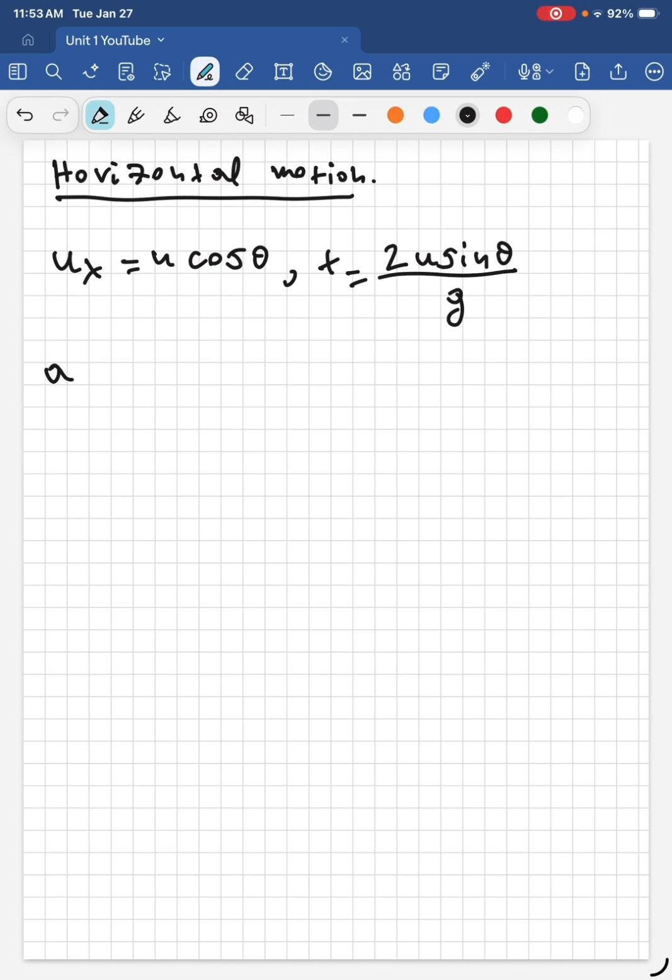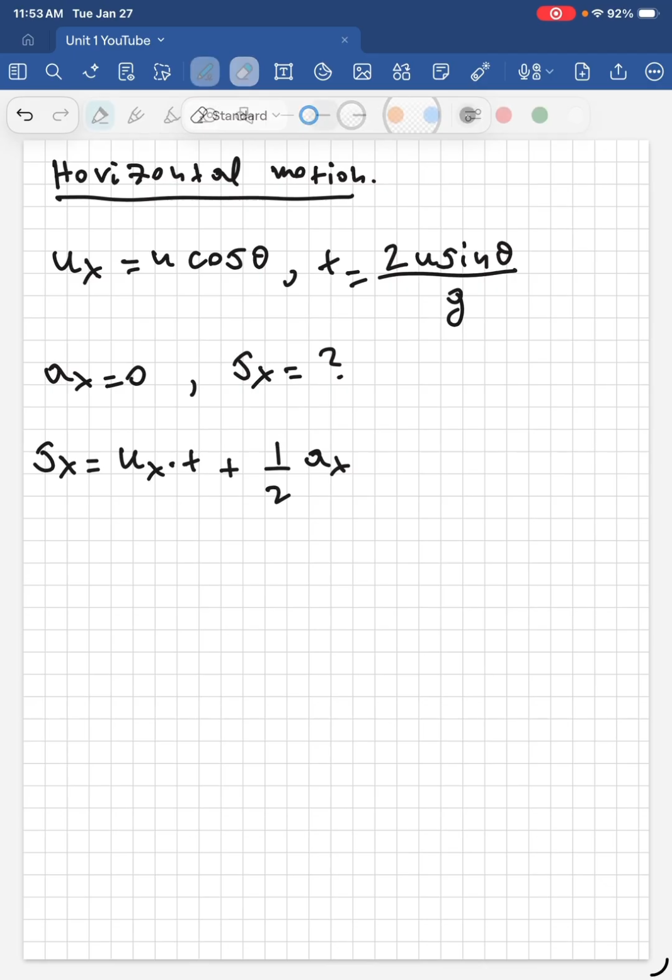The acceleration in the x direction is actually 0, right? Nothing accelerates the object in the x direction. And we need to find sx. We can use sx equals ux times t plus 1/2 ax times t squared, and we get this nice cancellation.